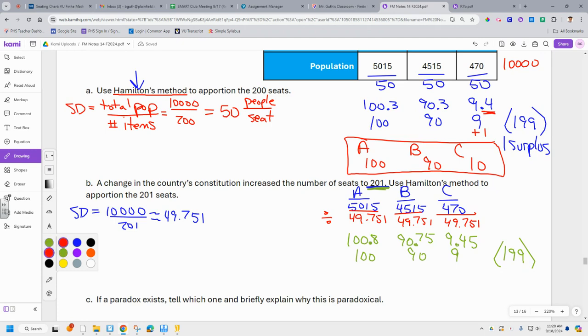So that means there are 2 surplus items this time. You give those surplus items out one at a time to the highest decimal place. Well, the highest number is this, and then the second one would go to the second highest decimal. Hamilton's apportionment then would be A gets 101, B gets 91, and C gets 9.